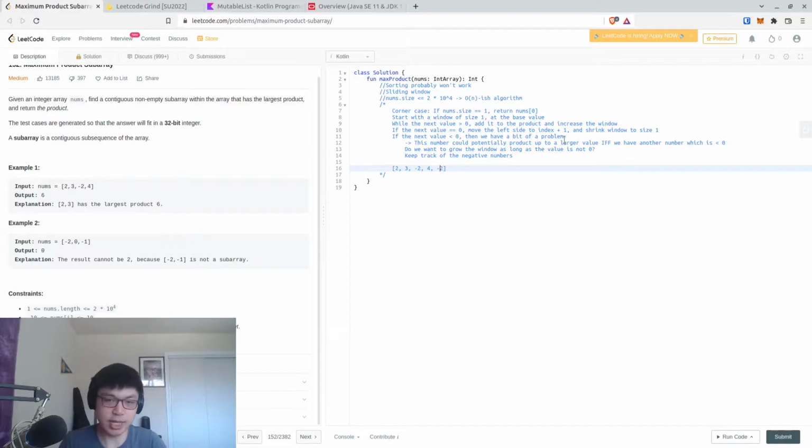But what if there was a -2 here? Then in this case, we know that there's another negative number after. So we should continue.